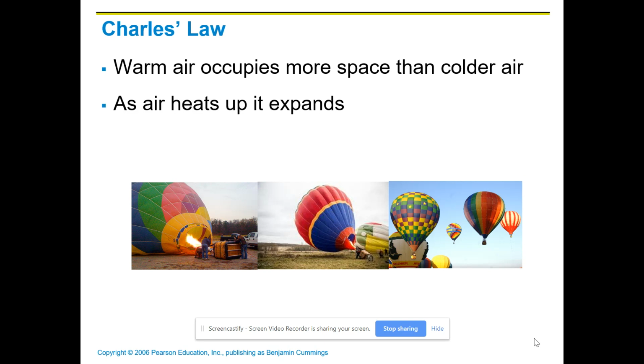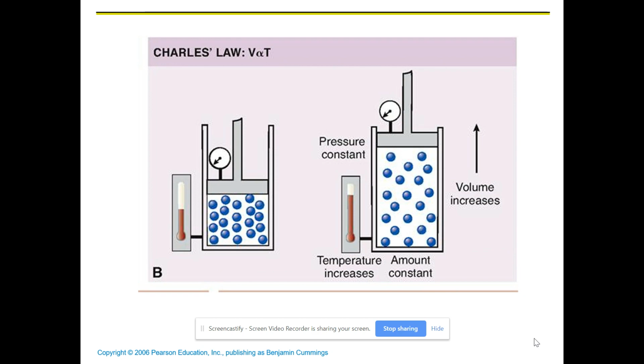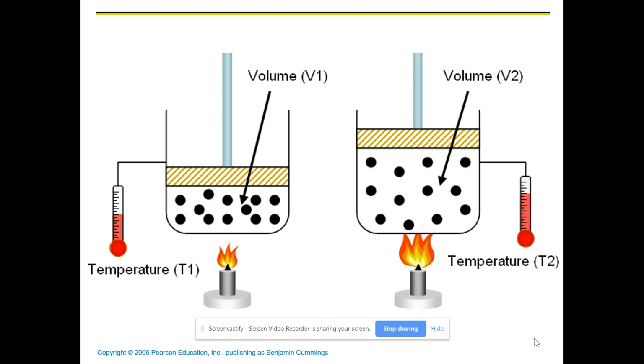And air that's spread out as it expands is lighter because there's fewer molecules per certain amount. And so when you heat it up, look what happens. Those molecules bounce around much, much faster and volume increases.